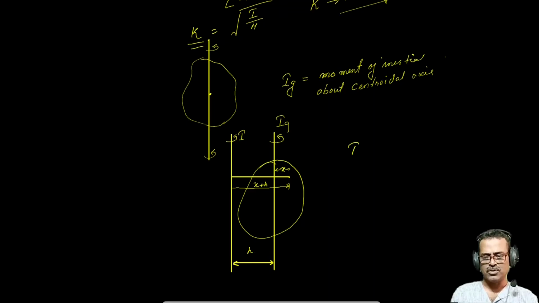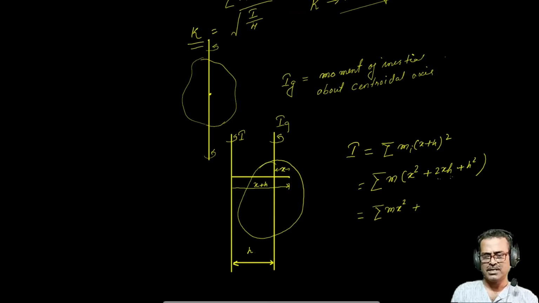Now moment of inertia of this body I is equal to sigma m into (x plus h) whole square, m r square, which is equal to sigma m (x square plus 2xh plus h square), which is equal to sigma m x square plus 2h sigma m x, since 2 and h are constant, plus h square sigma m.